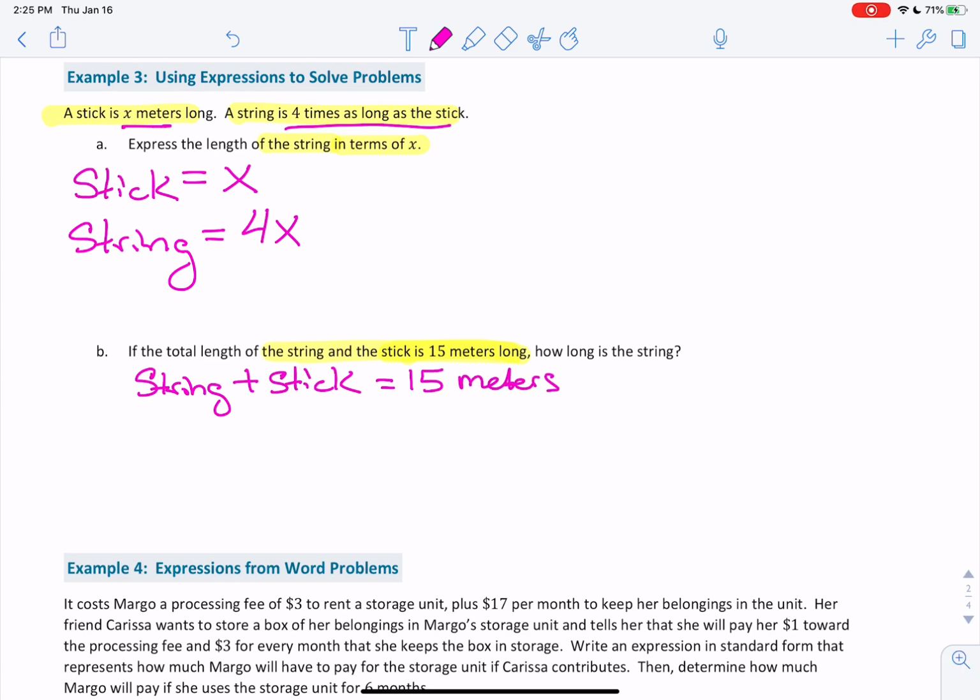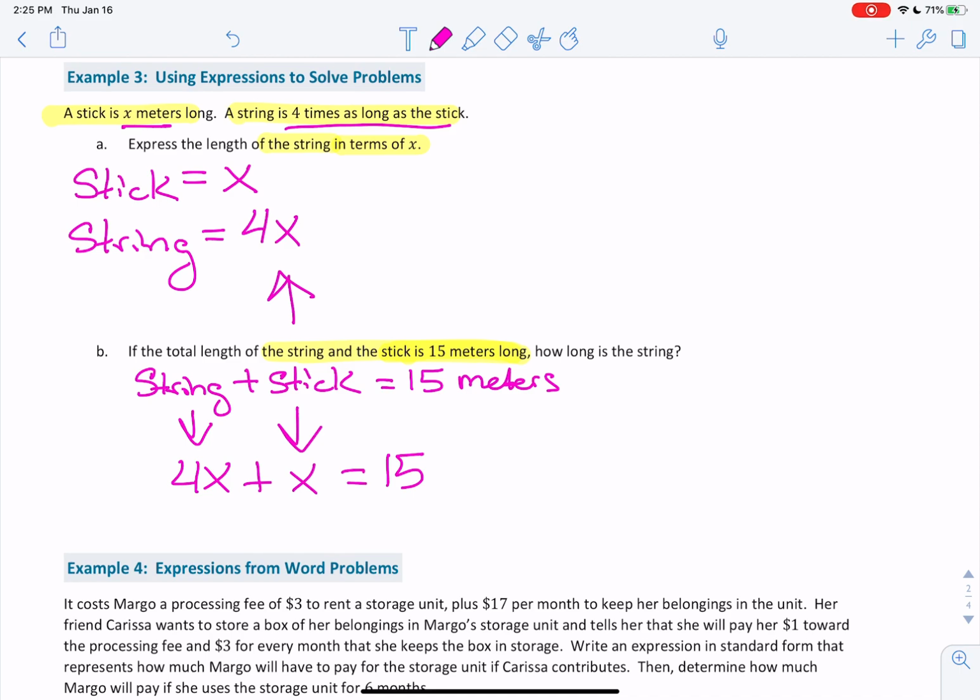I'm just going to replace string and stick with their math, using the variables and the terms that we got in part A. So string was 4x. The stick was X, and together they equal 15.